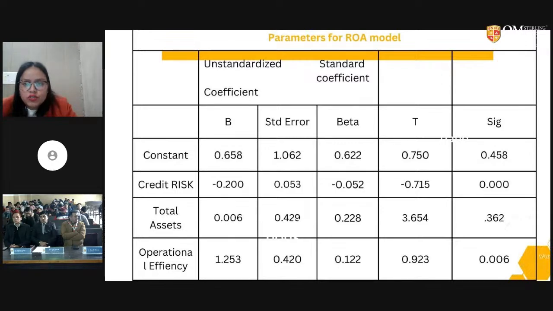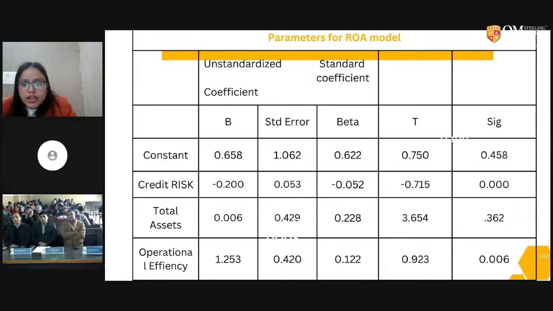We do not include the unstandardized coefficient because unstandardized coefficients are basically different from standardized coefficients. Standardized coefficients are, you can say, if I'm taking credit risk, total asset, operational efficiency, the units can be different.